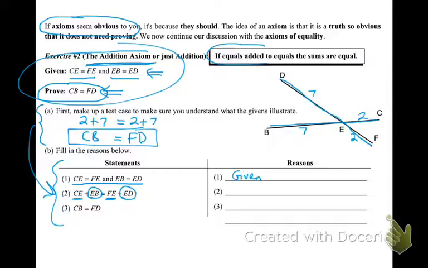Notice it says if equals are added to equals, then the sums are equal. And that's what's happening here. So we have the addition axiom. Because what we did is we added EB and ED, which are equal, to CE and FE. Those are equal. So equals added to equals are equal.